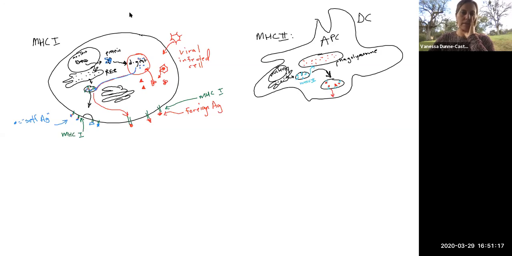And fuse them here, so you end up with them on the surface of the cell. So now we have our foreign antigen being presented by MHC class 2. And this is for the purpose of antigen presentation.